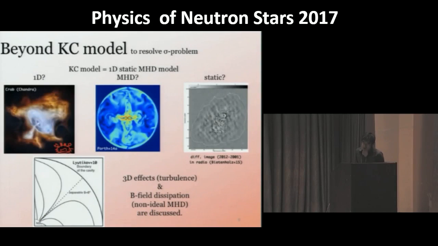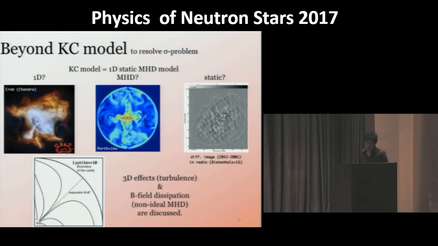What's wrong with the Kennel-Coroniti model, we don't know, but we know that it's very simple because they assume a one-dimensional, static system and an MHD model. But we know that the pulsar wind nebula is a more complicated system.